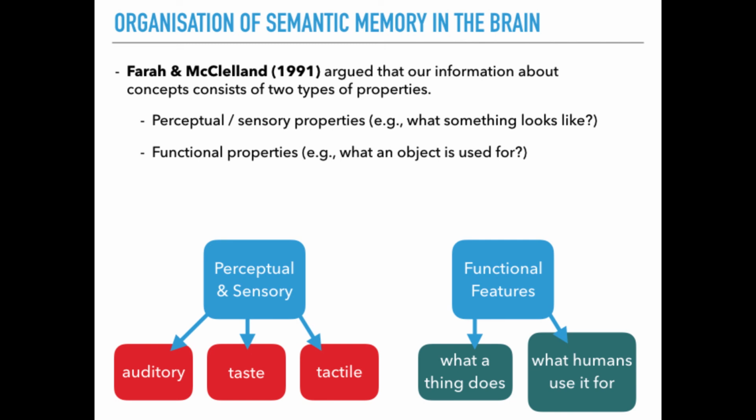One bit of knowledge relates to the perceptual side: how does it taste, feel, how does it move, what does it look like? Whereas on the other side, we're storing these functional components of what this thing does, what humans use it for. And the key thing here is that we are storing different parts of conceptual knowledge about an object in different regions of the brain.